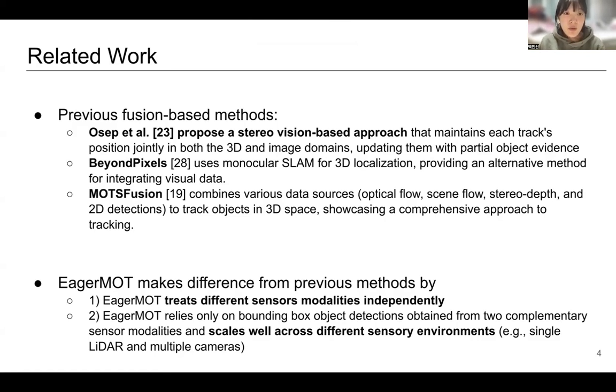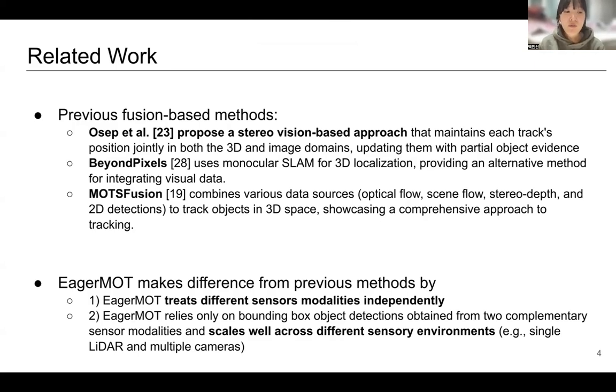Another is Beyond Pixels, which uses monocular SLAM for 3D localization, providing an alternative method for integrating visual data. Lastly, Mode Fusion combines various data sources, optical flow, scene flow, stereo depth, and 2D detections, to track objects in 3D space, showcasing a comprehensive approach to tracking.